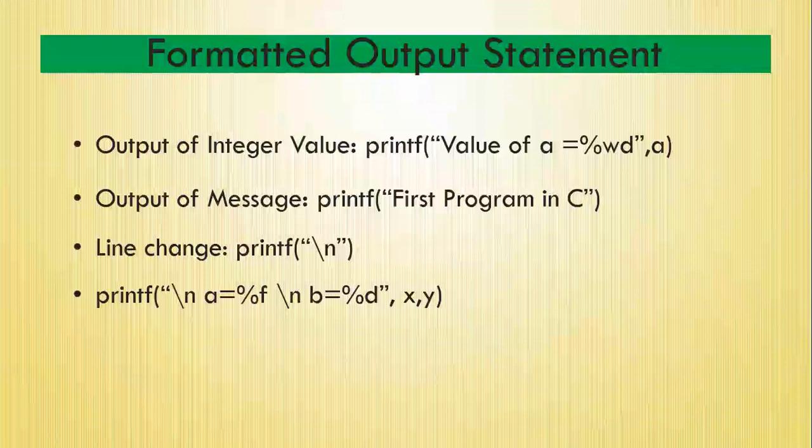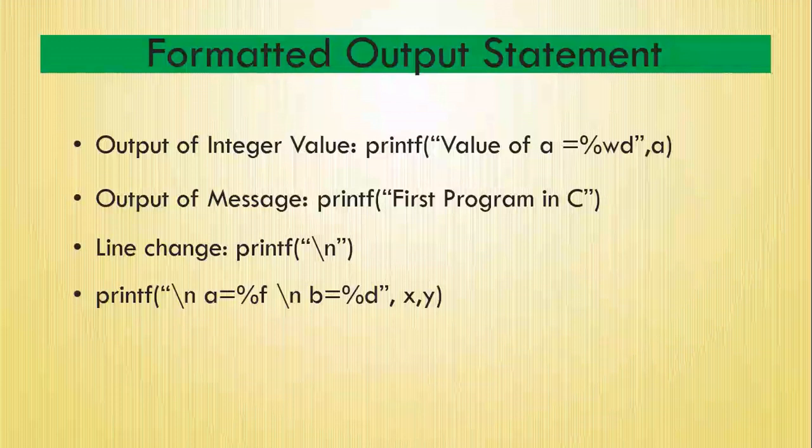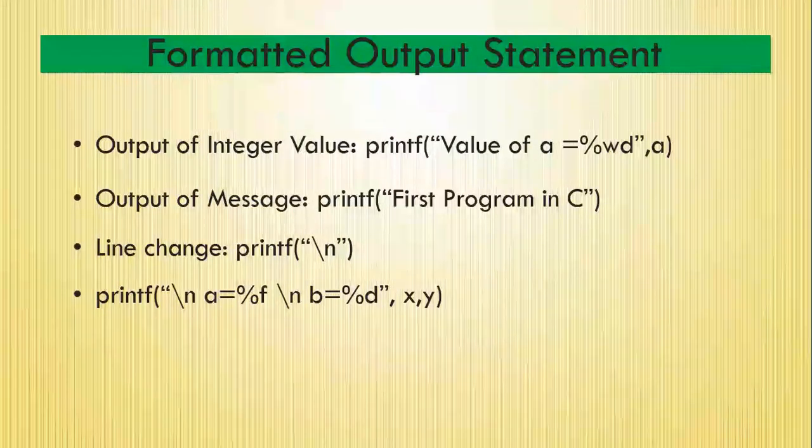This statement is wrong because I have to write a comma b, but here I have written x comma y. Then the fourth statement is totally wrong. I just want to show you that the order of the variables in the variable list must be clear.